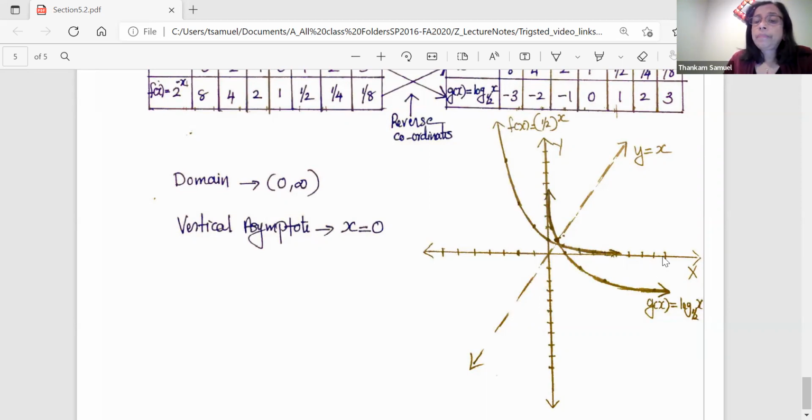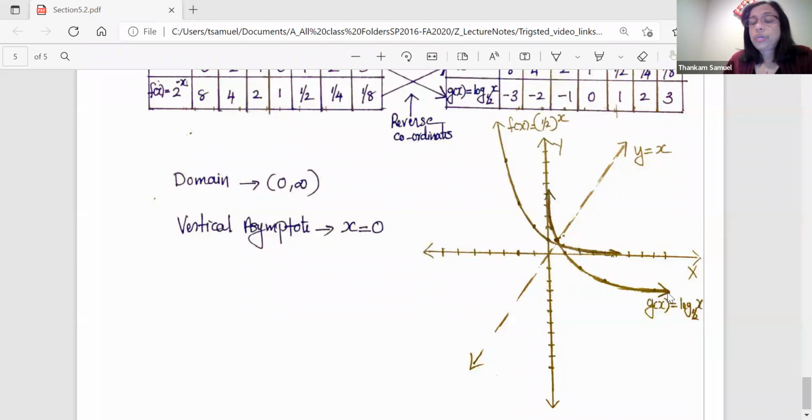Then you can see the domain of this logarithmic function. This is the graph of the logarithmic function. The domain is 0 to infinity. So 0 to infinity, 0 has the parenthesis because it doesn't include 0.